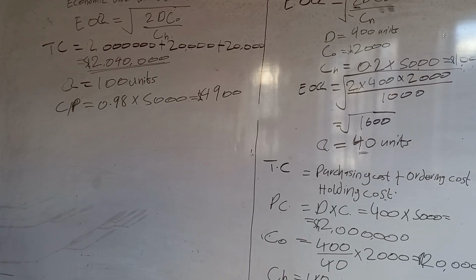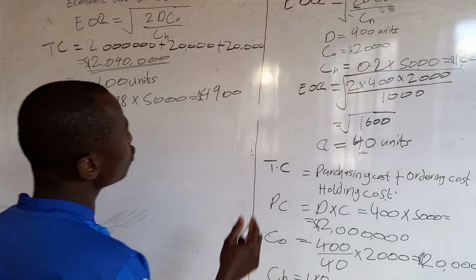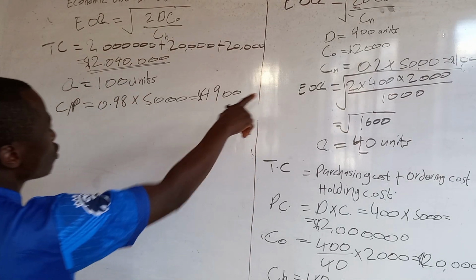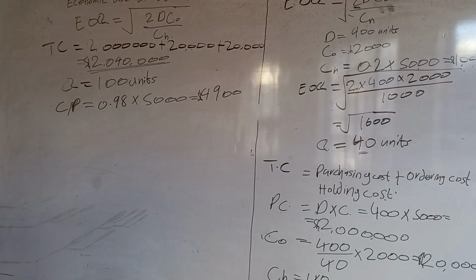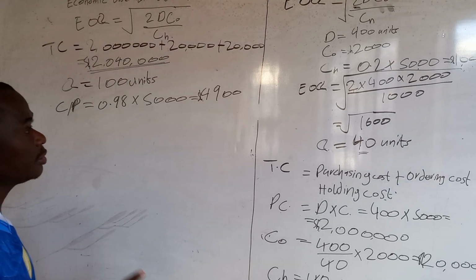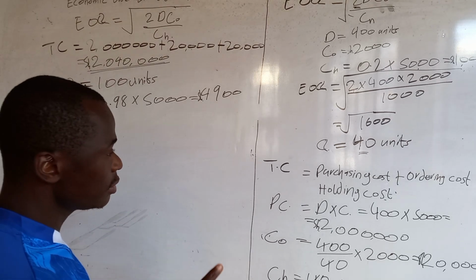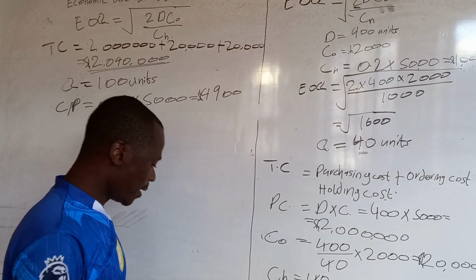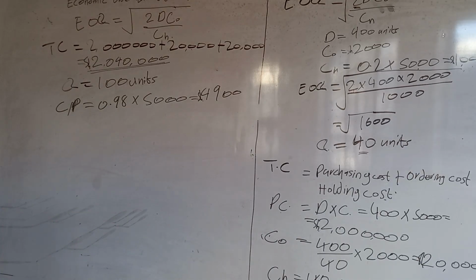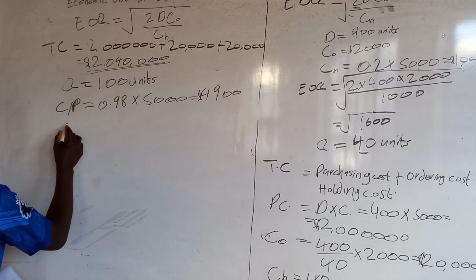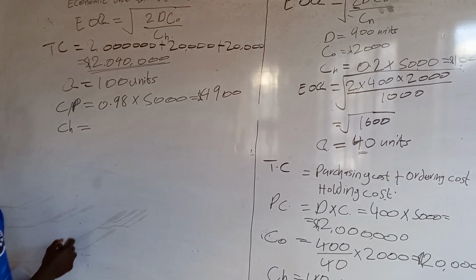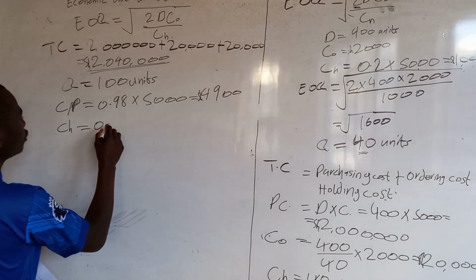Now, that discount, as you can see, is also going to affect the holding cost. Holding cost also depends on the cost per item. So our holding cost per item will be 0.2.